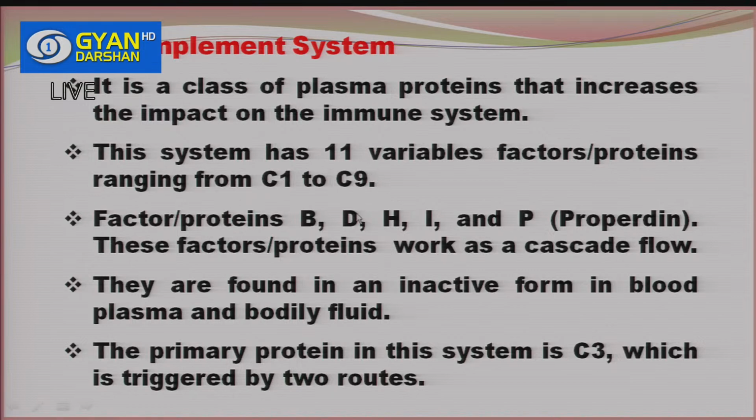These are several proteins available in the serum, known as complement proteins or complement factors. Factors such as B, D, H, I, N, P are the properdin factors. These factors work as a cascade, and they are found in the inactive form in blood plasma and body fluid. And the primary protein in this system is C3, which is triggered by 2 routes.